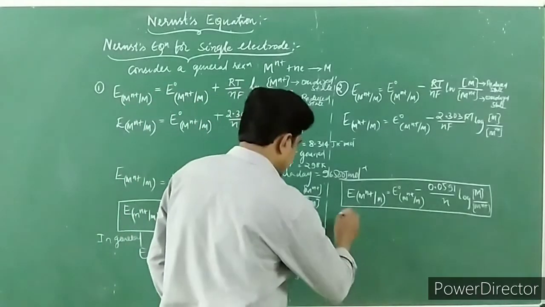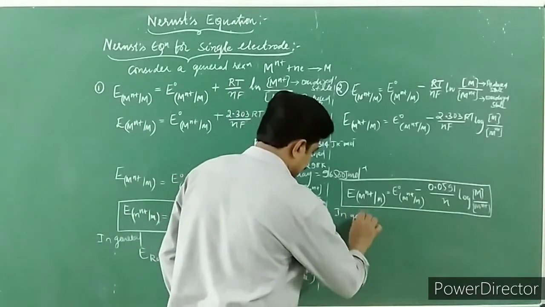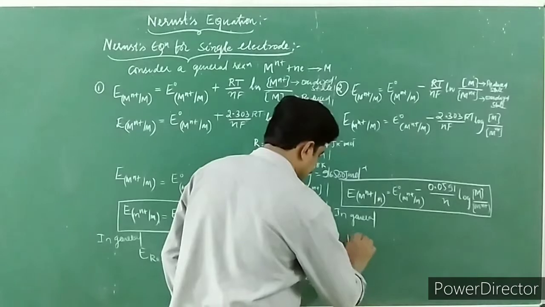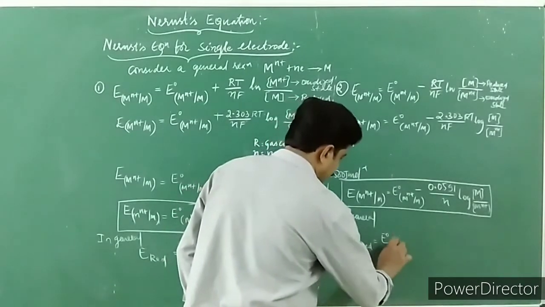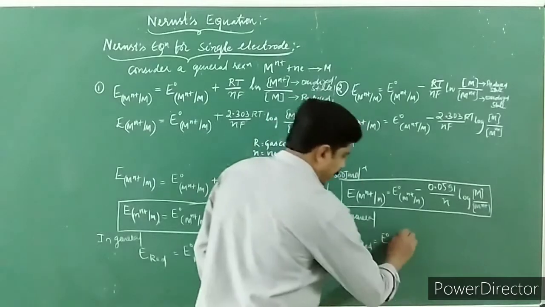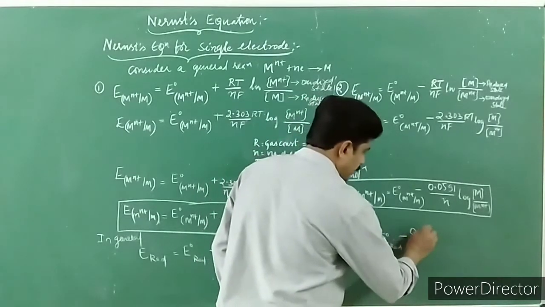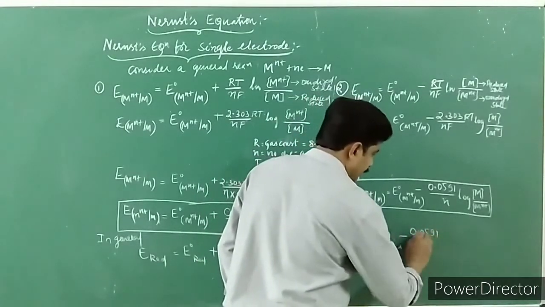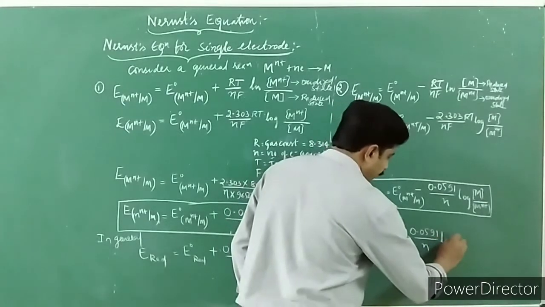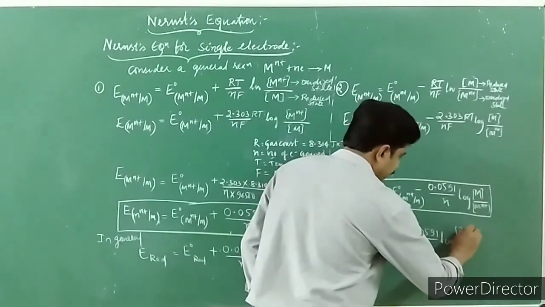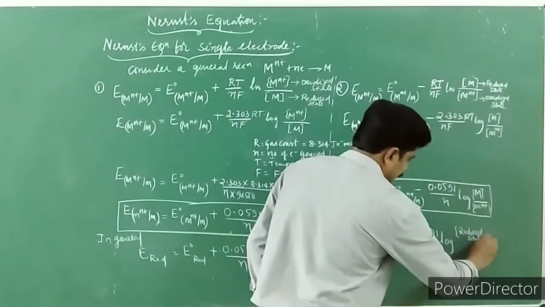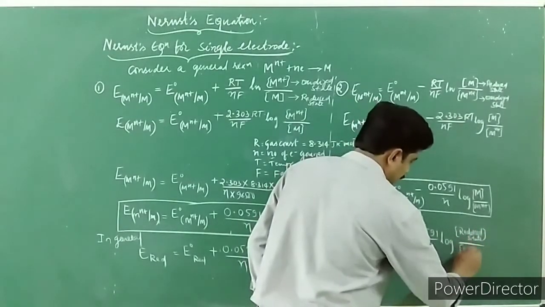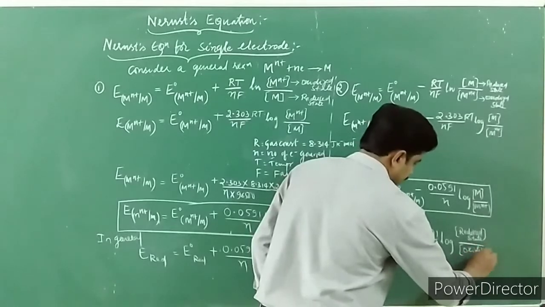Similarly, I can write here in general. How do I write? Look at here. E reduction is equal to E° reduction minus 0.0591/n into log of reduced state upon oxidized state.